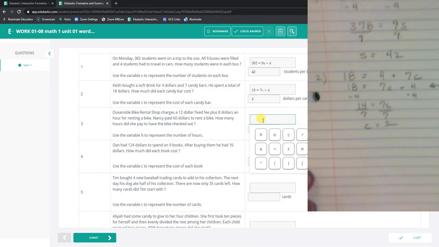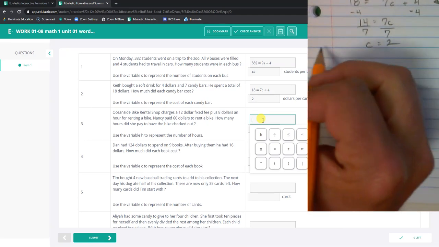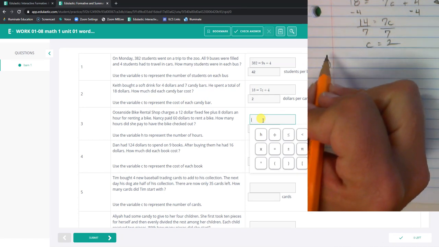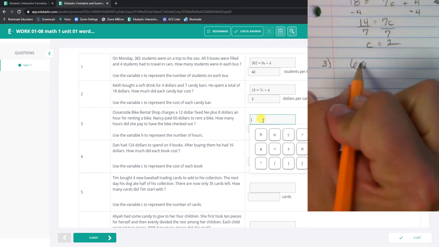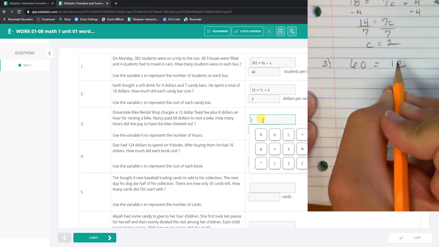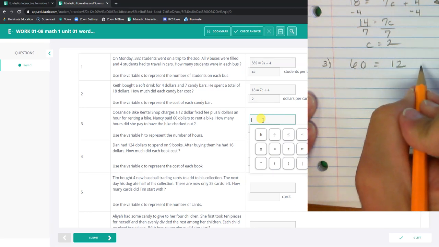Oceanside Bike Rentals. So this is number 3. So she paid $60. It cost $12 just to get the bike, and then $8 an hour.